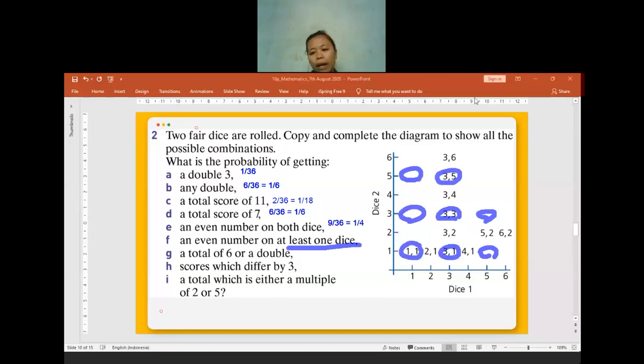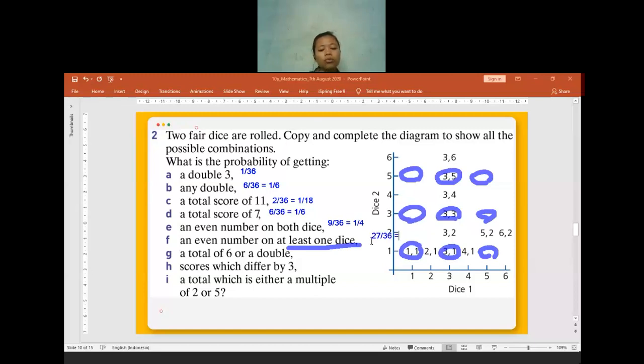So in total, if both are odd numbers, there will be 9 possibilities. So the rest will be 27 out of 36. If you count one by one, it's also okay. So that is correct: 27 out of 36, which equals 3 per 4.